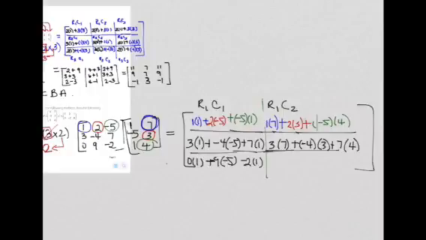Almost done. 0 times 7 plus 9 times 3. Does not look like a plus. Plus -2 times 4.